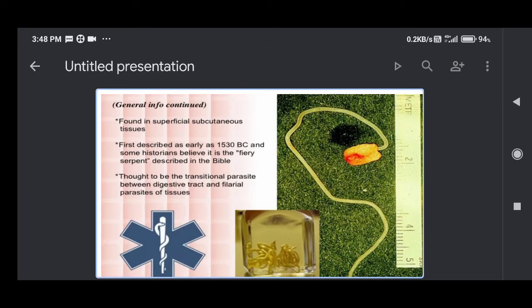The Bible describes Dracunculus medinensis, thought to be a transitional parasite between the digestive tract parasites and the filarial parasites of tissues.